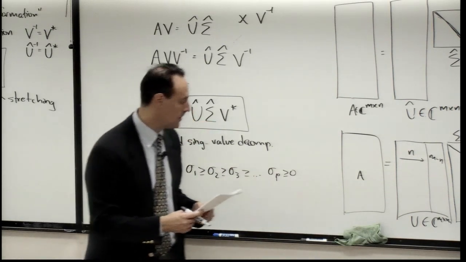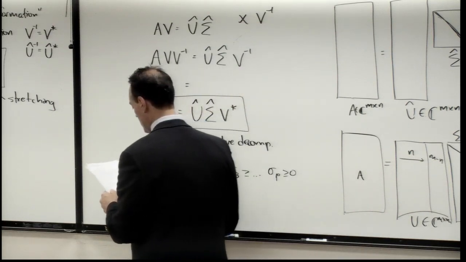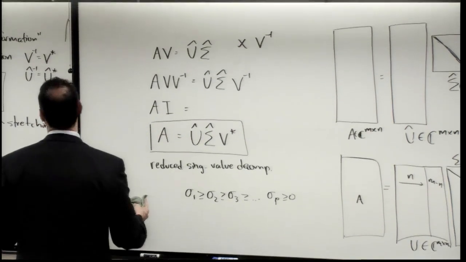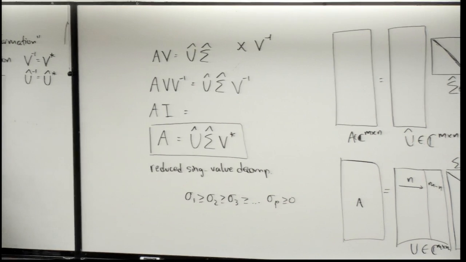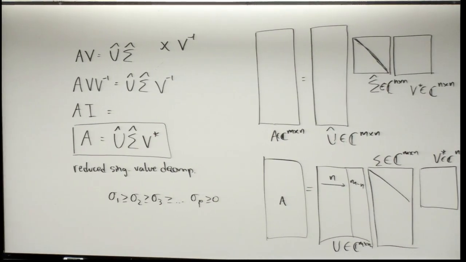That's it. Now, there's a theorem concerning this that I think is very important to write down. So let me write it down. And this is also going to be a big difference between an eigenvalue decomposition and this.